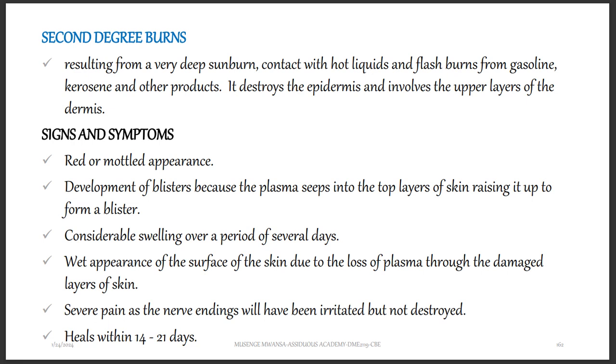Wet appearance of the surface of the skin due to the loss of plasma through the damaged layer of the skin. So it's going to be wet appearance. There's also going to be severe pain as the nerve endings will have been irritated, but they will not be destroyed. And this will heal in 2 to 3 weeks, 14 to 21 days.